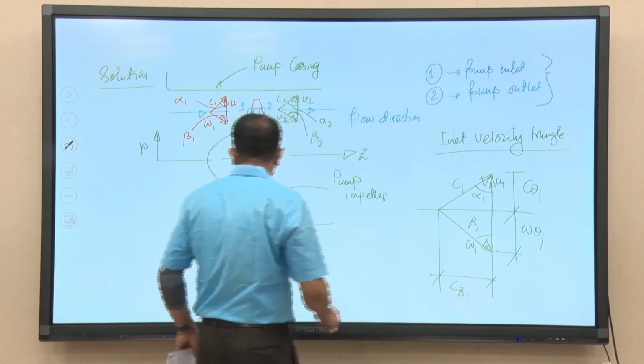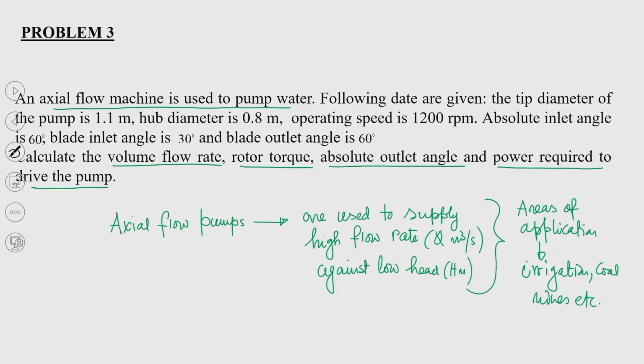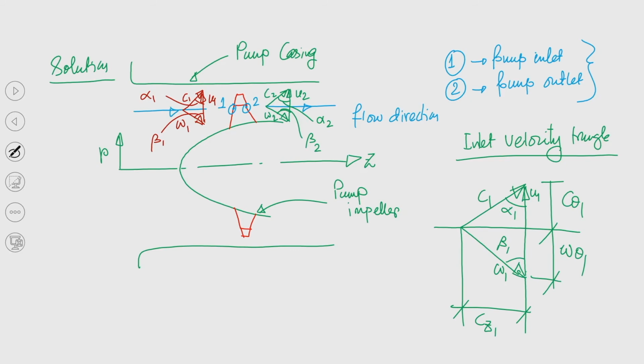Fine. So, now let us relate what we have learned to the information from the problem statement. It is given that the absolute inlet angle is 60 degree and the blade inlet angle is 30 degree. So, can't we write alpha 1 equal to 60 degree, beta 1 equal to 30 degree, right.